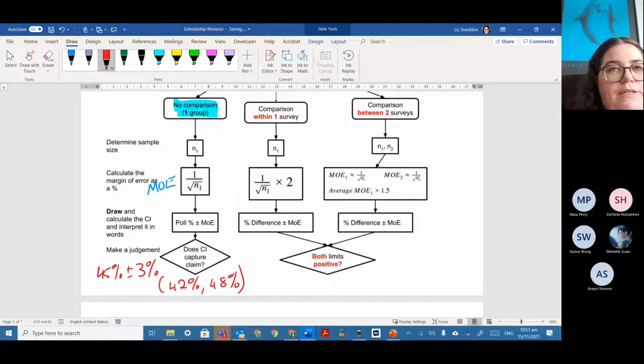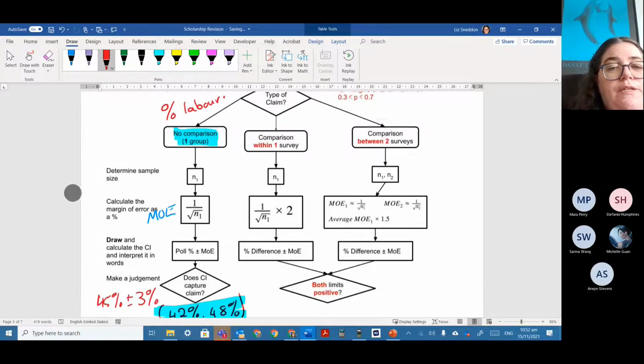Now that confidence interval, remember we're doing observational data, so it's sample to population. So what this is saying is in my population, the percentage who would possibly vote for Labor could be anywhere between 42% and 48%.